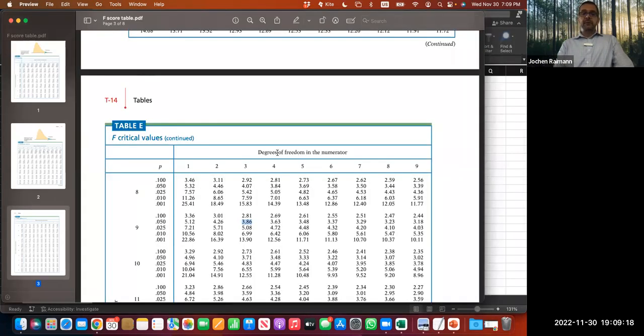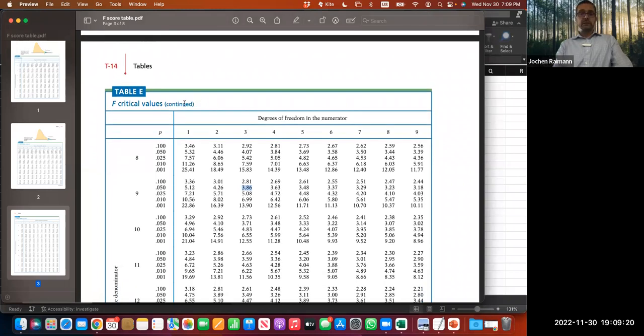If we remember the F-score table, we have degrees of freedom in the numerator, the between groups variance, of 3, and within groups degrees of freedom of 9, which at an alpha level of 5% gives us 3.86.